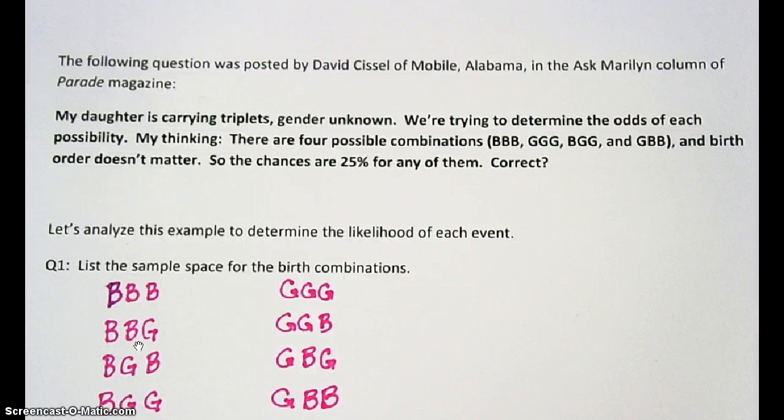For example, boy, boy, girl says that you have an oldest boy and then a middle child that's a boy and then a youngest child that's a girl. Boy, girl, boy, even though there are 2 boys and a girl, says that the oldest and youngest children are boys, but the middle child is a girl. So in this case, order does make a difference.